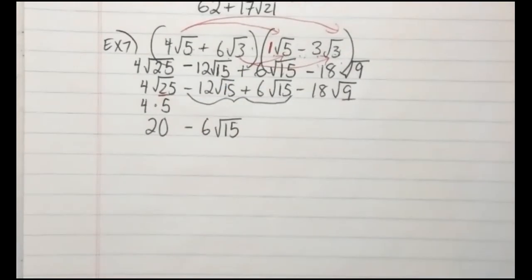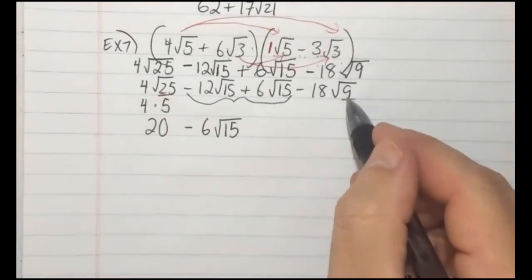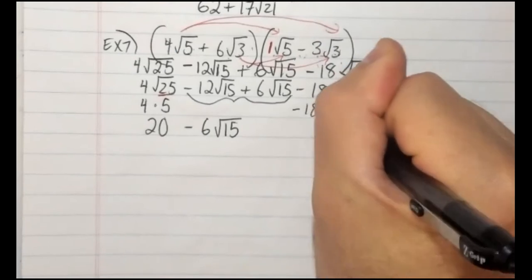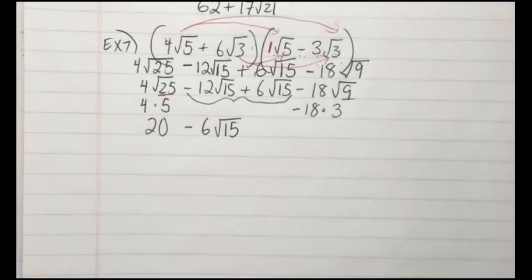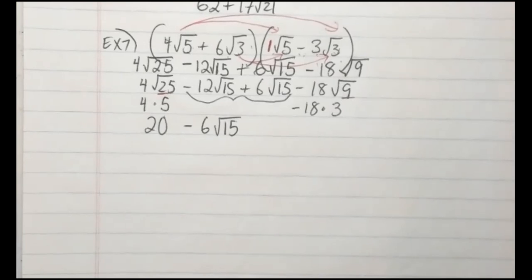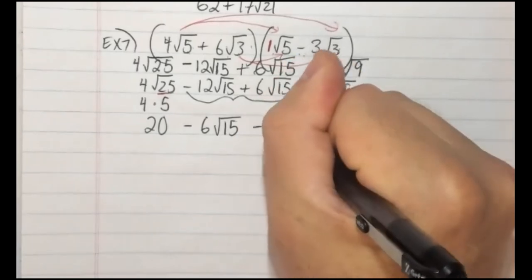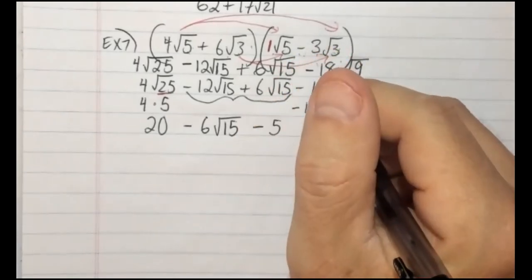Square root of 15, keep the square root. We know that square root of 9 is 3. We got to do negative 18 times 3, which will give me a negative 54.